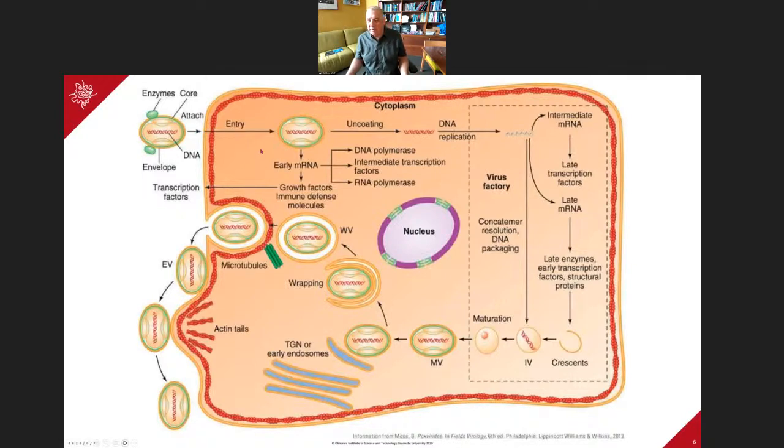There's another entry pathway as well, and then once the DNA is released after uncoating, it's taken up into the nucleus, where initially, as a first gene product, these crescents form that then assemble into the IV particle here. And this is the focus of this study. This IV particle then undergoes a dramatic conformational change, forming essentially the mature virion that then gets released and goes on to infect additional hosts.